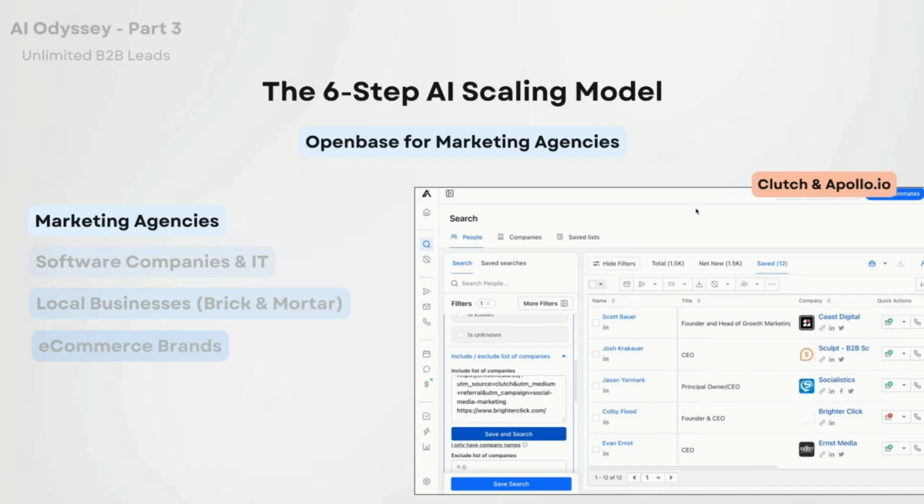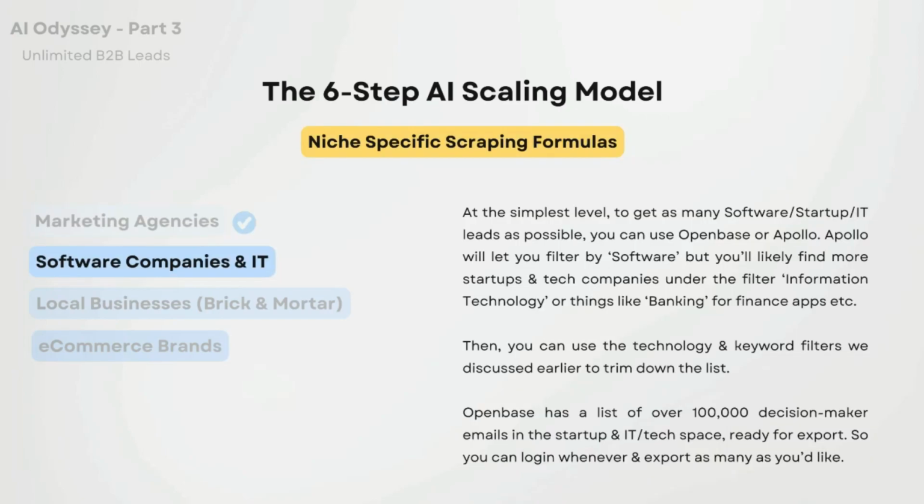This will now give you a net new amount of, say, 1,500 decision makers with the clutch.co domains. So this is what we talked about earlier. Go on to Clutch, get the Instant Data Scraper to scrape the domains from the front page, and then pop those domains into apollo.io and then scrape the emails.